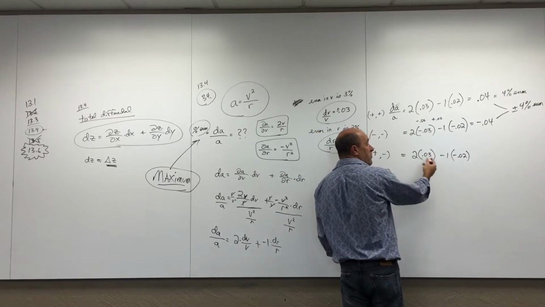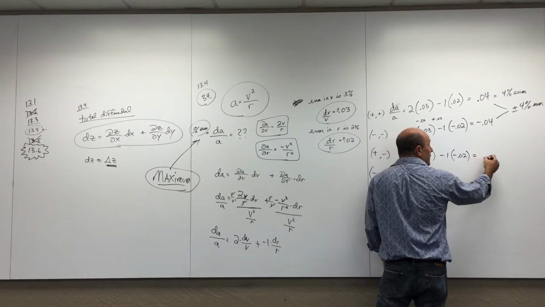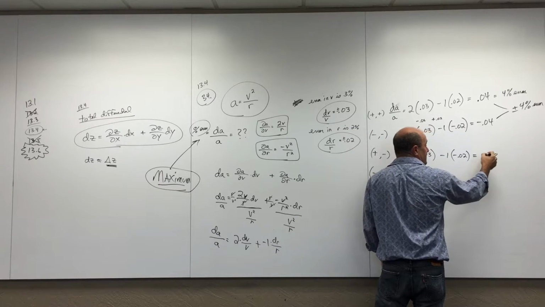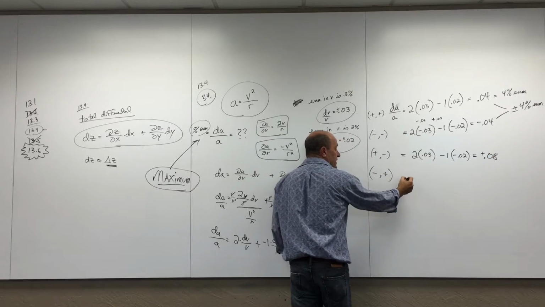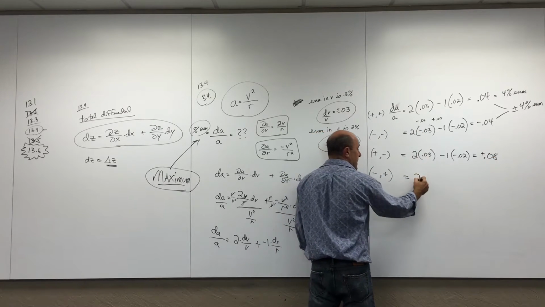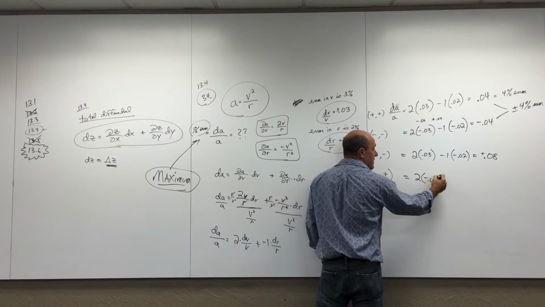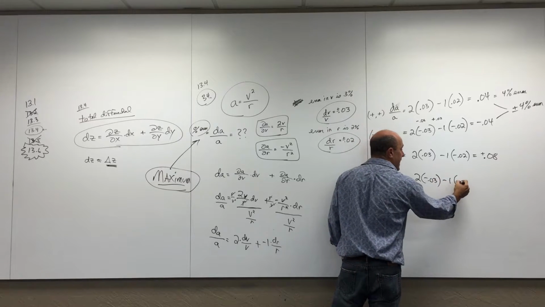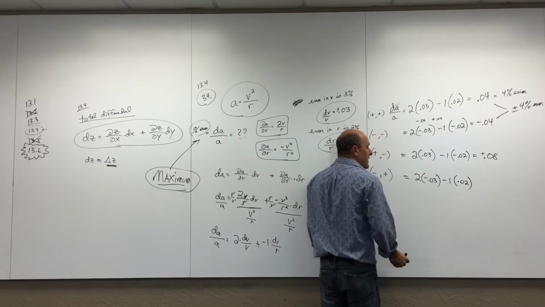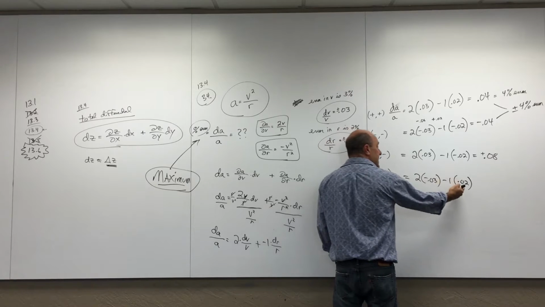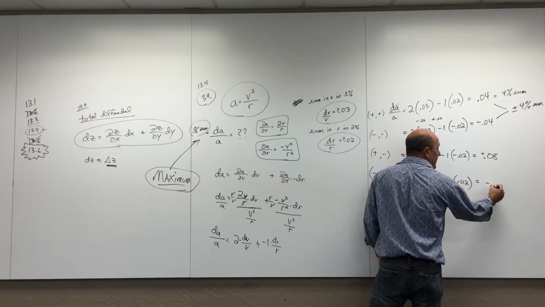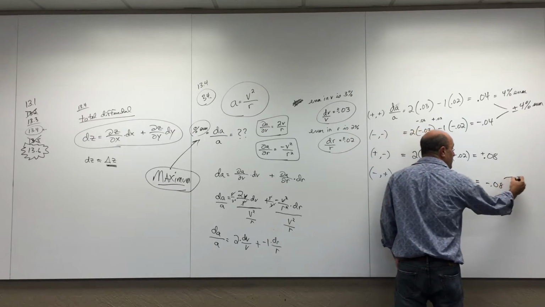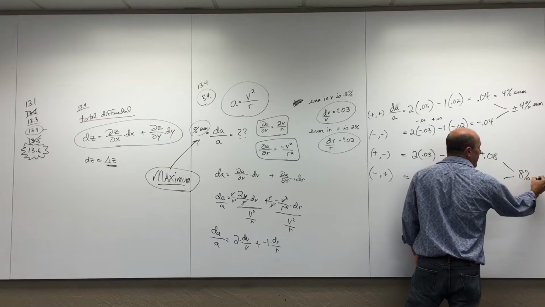Yes, it is. That's a 0.06 plus a 0.02. That's a 0.08, a positive 0.08. What if we analyze it with a negative here and a positive here? Then this is negative and this is negative, then that's negative 0.08. So both of these lead to the 8% error.